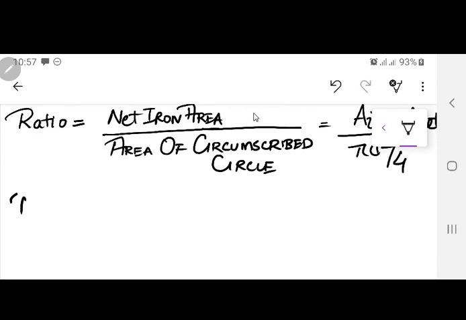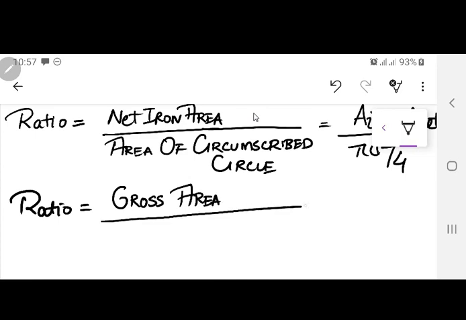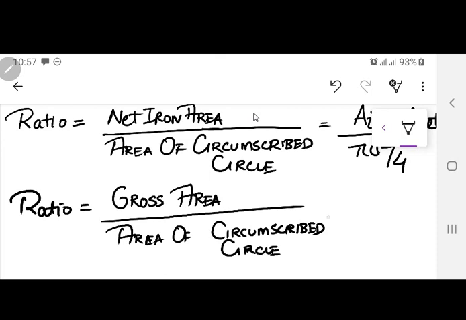In this you have the gross area divided by again the area of the circumscribed circle, and in variable form this is AG divided by pi d square by 4.